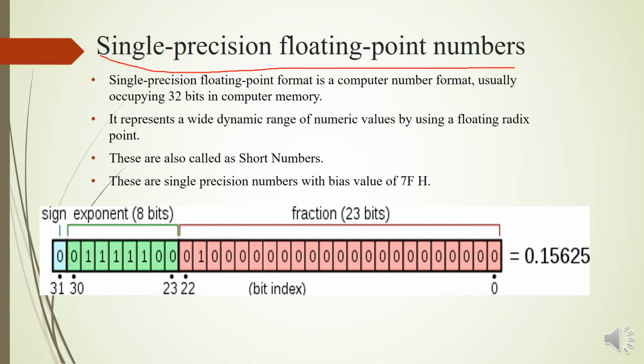The diagram gives you the single precision floating point number format, 32 bits wide. Bits 0 to 22, that is a total of 23 bits, represent the fractional part. Bits 23 to 30 represent the exponent part, which is 8 bits. The last bit, the 31st bit, is the MSB, which is the sign bit.